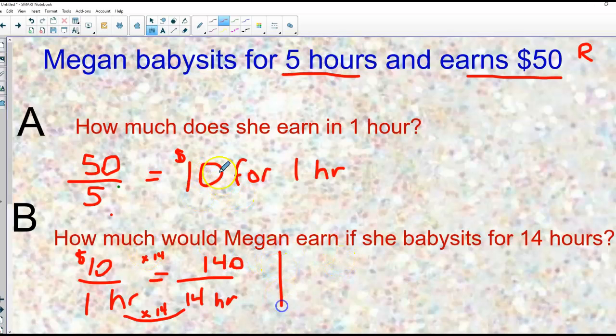Again, the other option is just take your $10 times 14 hours, and you would get 140. So we had to figure out what we earned for 1 before you could figure out the 14. Okay?